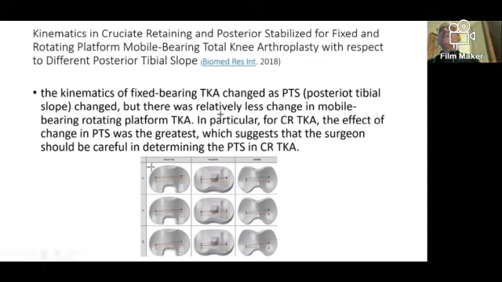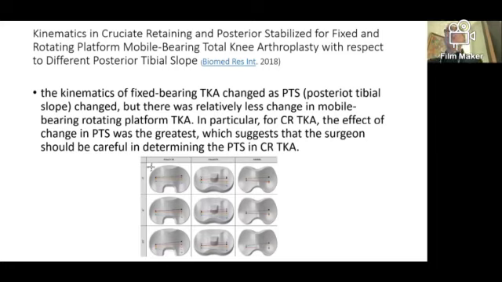The kinematics of the fixed bearing total knee arthroplasty changed as posterior tibial slope changed, but there was relatively less change in mobile bearing rotating platform total knee arthroplasty. In particular, in cruciate retaining, the effect of the tibial plateau slope was the greatest. This suggests that the surgeon should be careful in determining the tibial plateau slope in total knee arthroplasty with cruciate retaining.